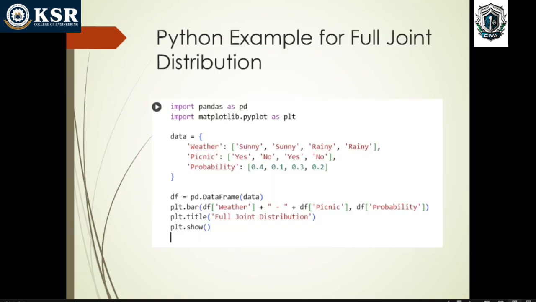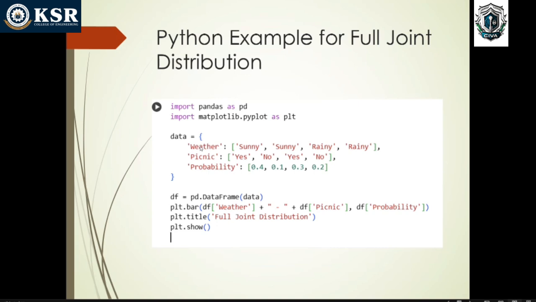Let's take a Python code to visualize this concept. First I import a library, pandas. I use the pandas library, and then I use matplotlib pyplot to plot the data probabilities. Now the data.